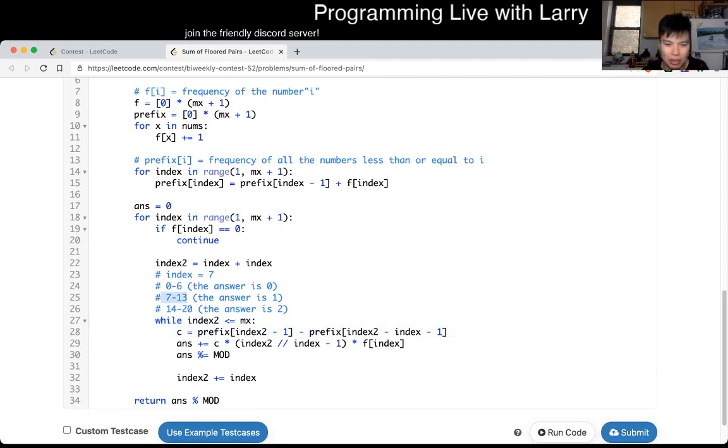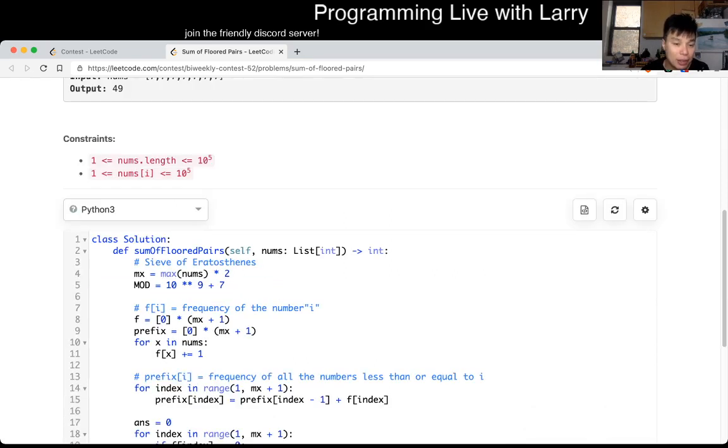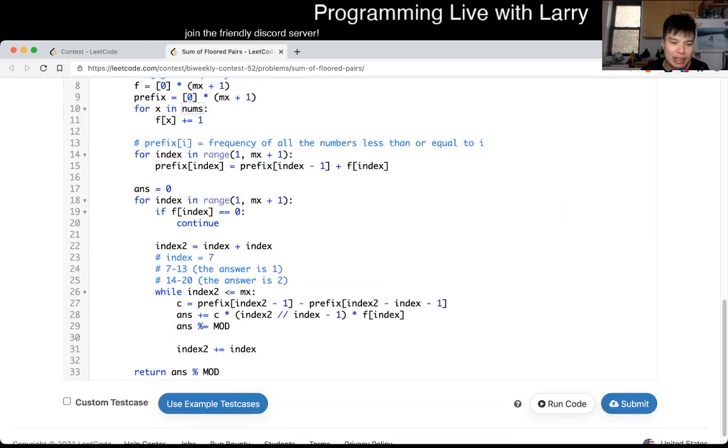Now we count how many numbers in the input are from 7 to 13. That's just going to be this prefix count. This is the number of 13 and this is the number of 6, so you just subtract that out.